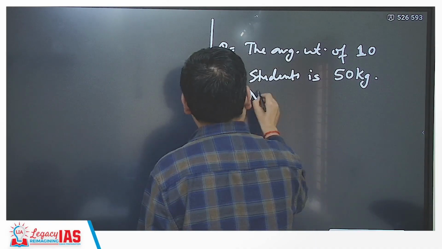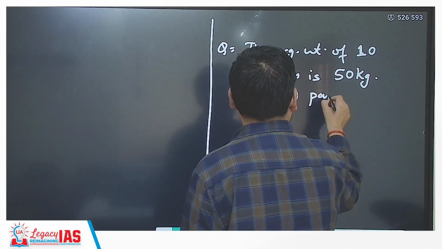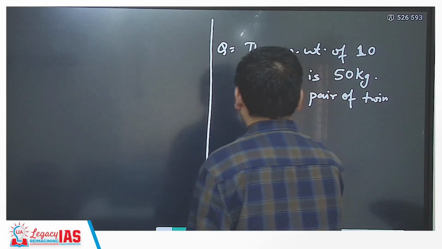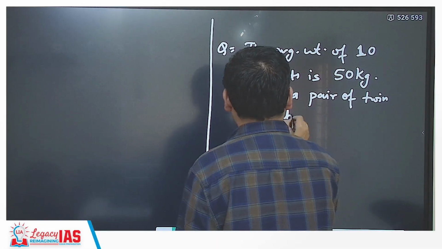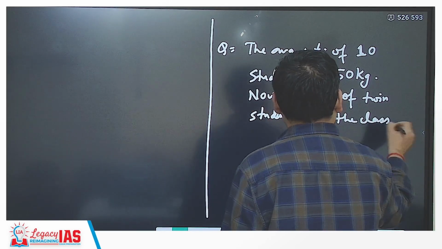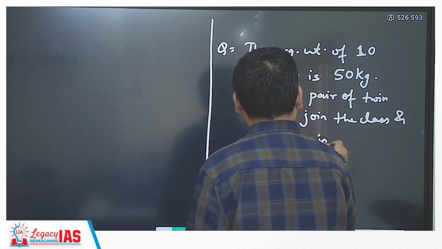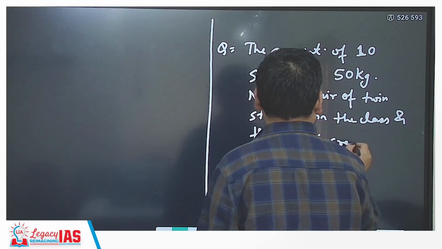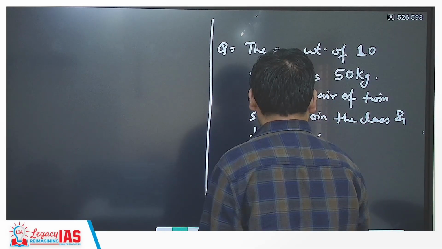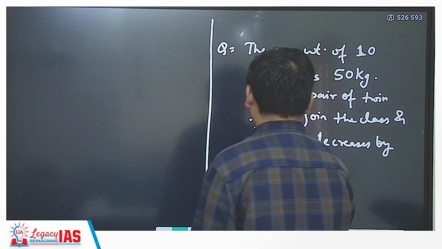Now a pair of twin students join the class and the average, let's make it, decreases by 2 kg.